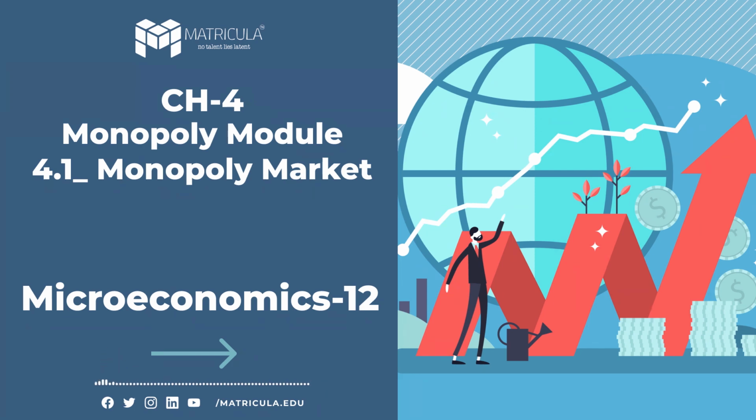4.1.7 Relationship between AR, MR and TR curves in a monopoly market. It is also interesting to know the relationship between the AR, MR and TR in a monopoly market. In figure 4.6, we have plotted the values of average revenue, marginal revenue and total revenue together against the output sold.